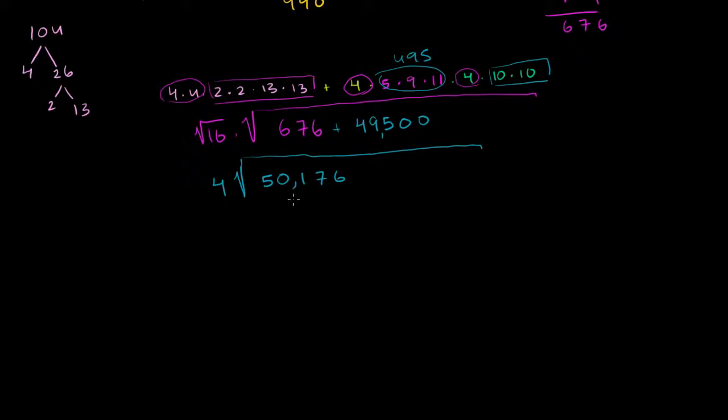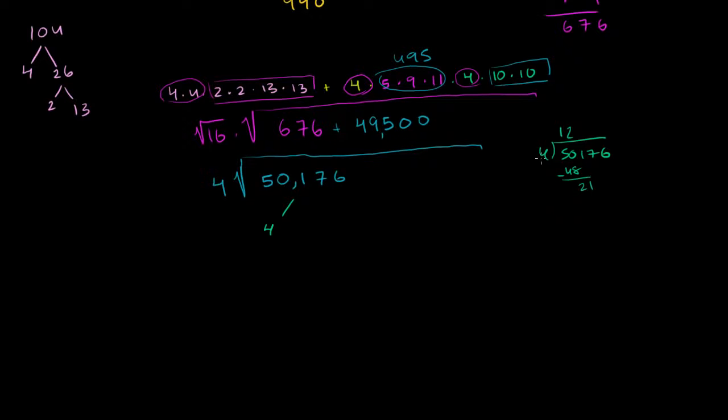So 50,176 looks like it's divisible by 4. So let's see, 4 goes into 50,176. We're getting some good practice here on our arithmetic. 4 goes into 50. Maybe there's a faster way to do this. 12 times 4 is 48.